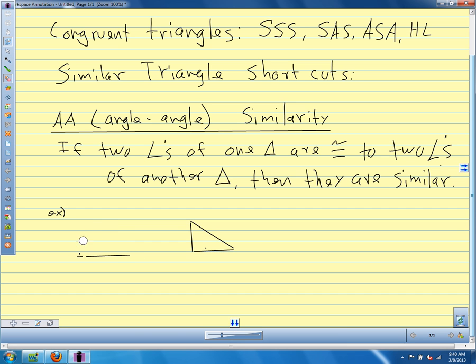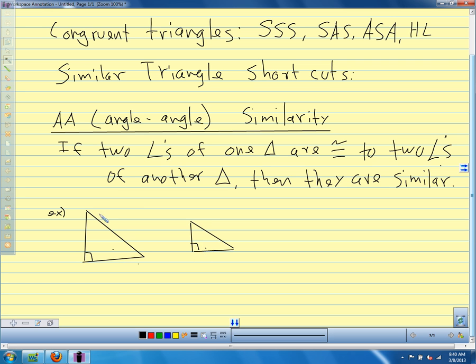I'm going to redraw this one because it doesn't look quite the way I want it to. Alright, so we're going to say this is a 90-degree angle. This is a 90-degree angle. That's 65. And that's 25 degrees. And we want to know, are they similar?